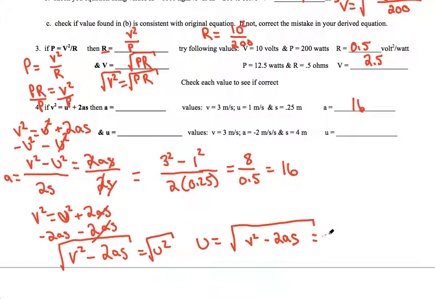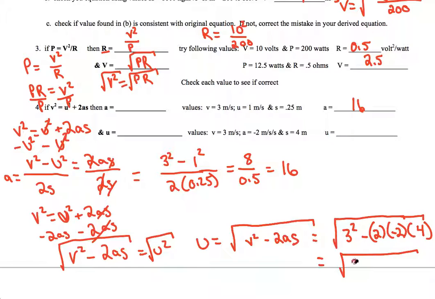And if I plug in numbers, I get the square root of 3 squared minus 2 times a negative 2. The negative 2 is the a, and then an s of 4. So that equals the square root of 9.